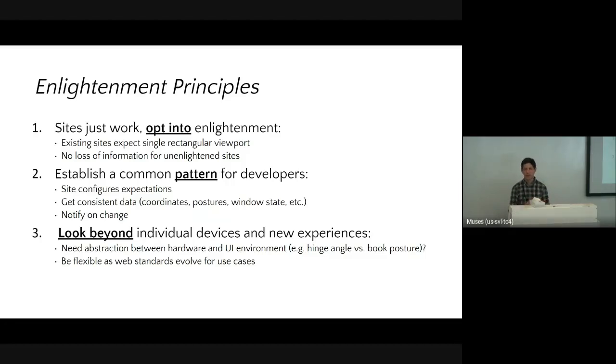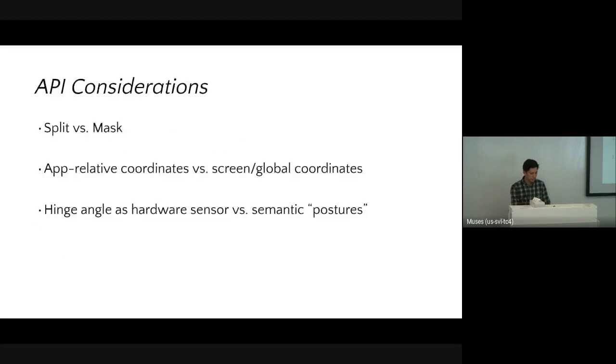So you can imagine hinge angle as a sensor versus maybe something more semantic, like you're in a book posture or a tent posture or something like that. And we believe that these things are going to evolve as we have these web standards proposals and get feedback from developers on use cases, and as the devices come to market, having people play with them and understand how they might bring scenarios that they're thinking of to their users.